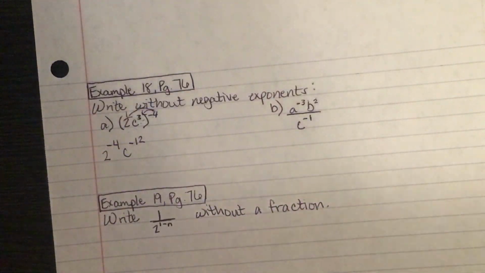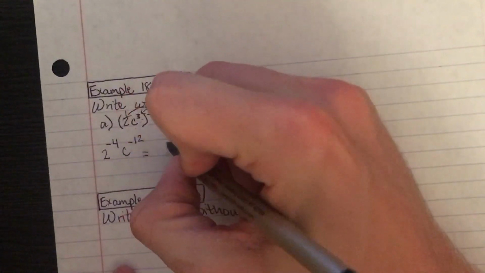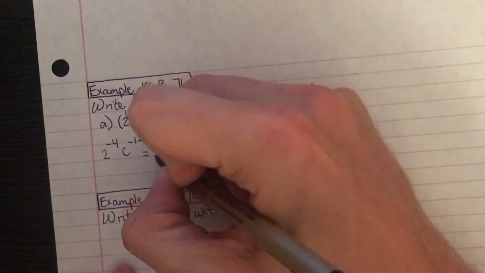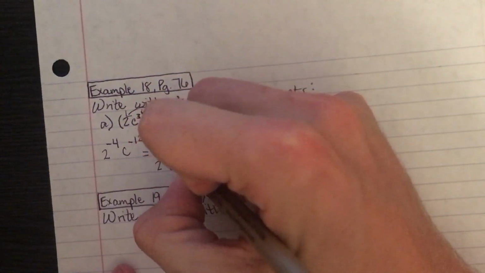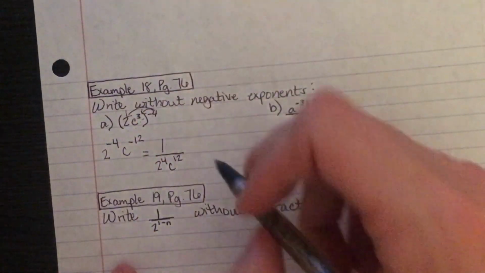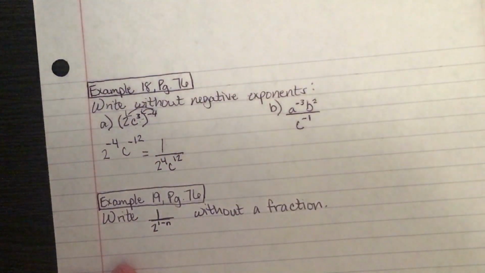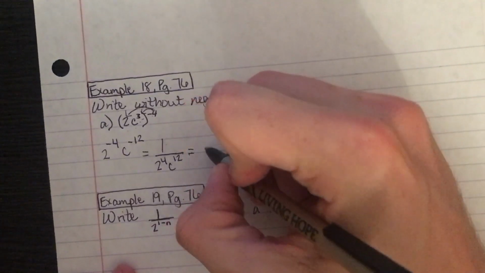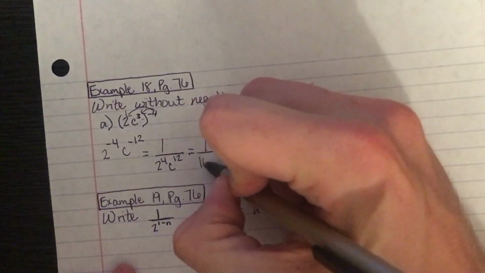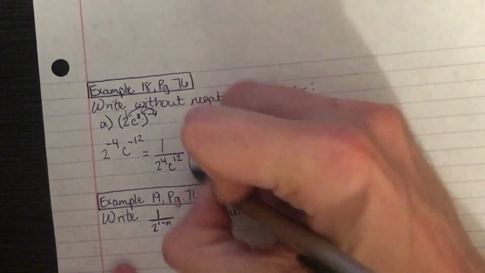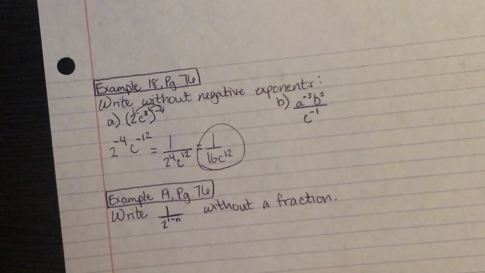So what we're going to do to make these things positive is we're going to write 1 over 2 to the 4th power, c to the 12th power. And then we're just going to clean up that 2 to the 4th power because that can simplify a little bit better. So 2 to the 4th power, 2 times 2 times 2 times 2, 16 c to the 12th. And that is the simplified version of that.